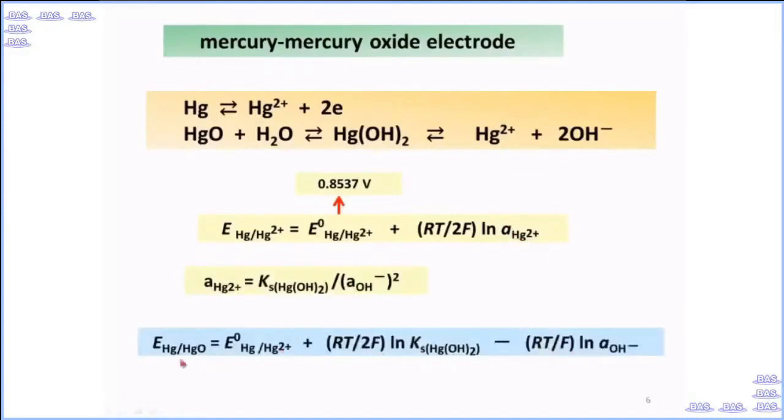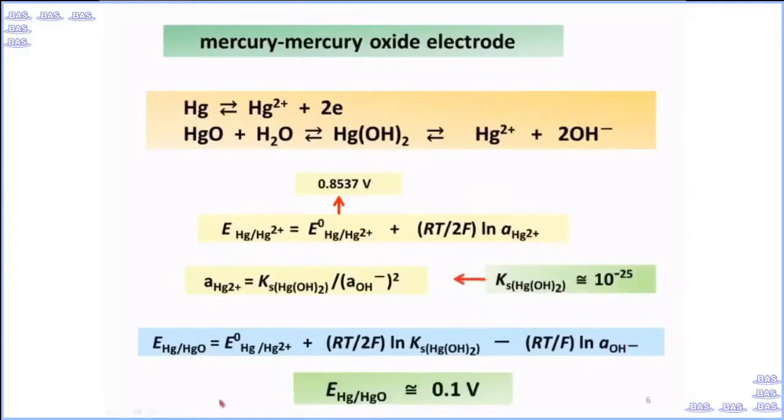This electrode is usable for alkaline solution. Very small solubility, rather insoluble. This term is about 0.1 volt.